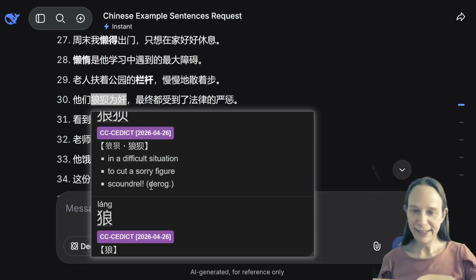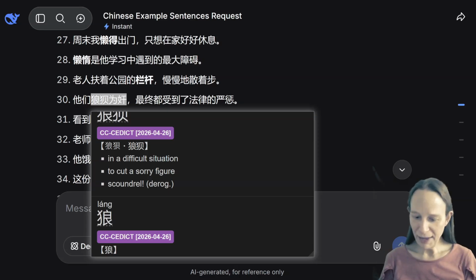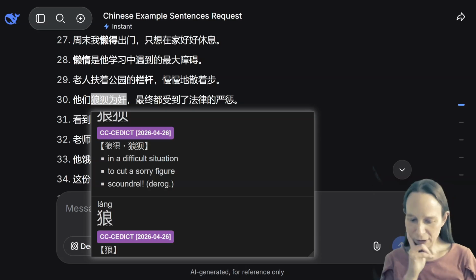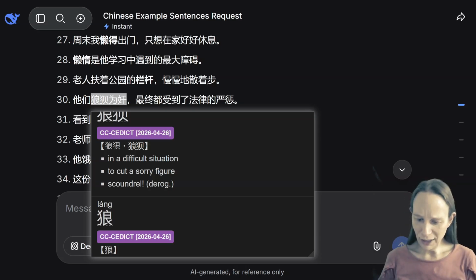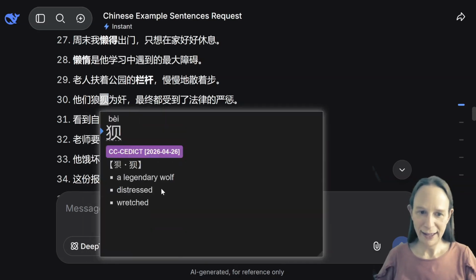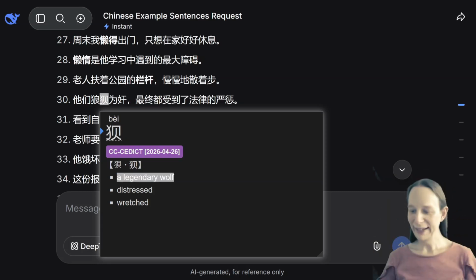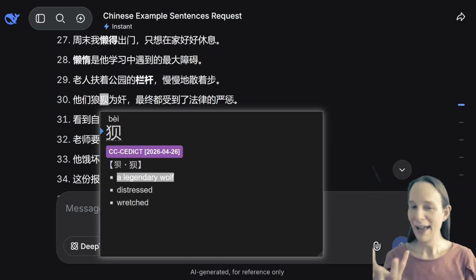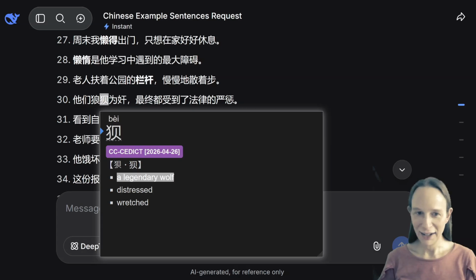Let's see what it says in the dictionary for 狼狈. 狼狈, 书面语, 形容词, 传说, 狈, 是一种兽. Did you get that? So apparently 狈 is some, oh, here it is, legendary wolf. So yeah, it's a mythological, legendary beast. 前腿很短，走路时要趴在狼的身上.